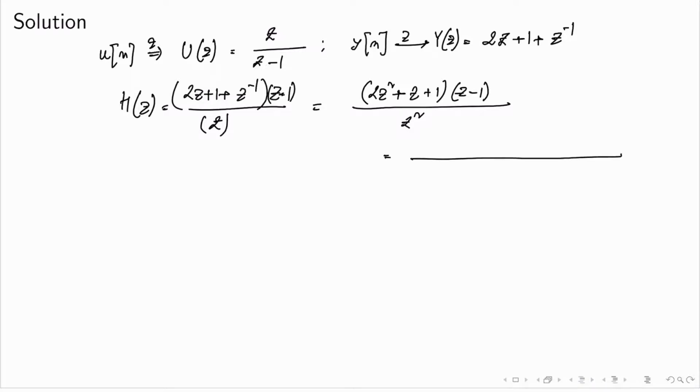We further simplify this as 2z^3 + z^2 + z - 2z^2 - z - 1, divided by z^2. This gets cancelled out, and we are left with 2z, plus z^2 - 2z^2 will be minus z^2, divided by z^2 will be minus 1, minus z^(-2), right?